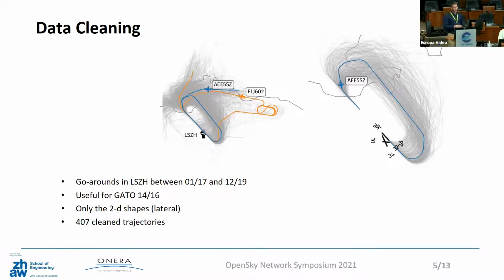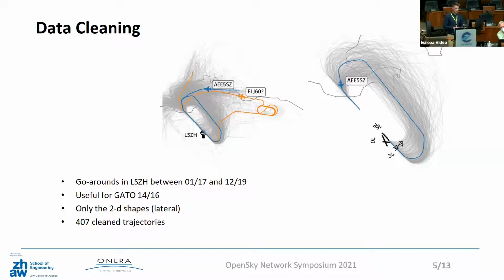So here, of course, we focused on the data-driven methods, and we worked on the go-around trajectories at Zurich Airport for runway 14 between January 2017 and December 2019. As I said, those are very useful for the Gato 1416 problem. For the sake of this work, we only considered the lateral shapes of the trajectories, but we will see in the future work how we can extend this generating process for more complex descriptions of trajectories.